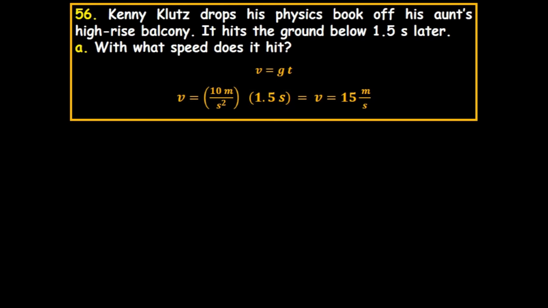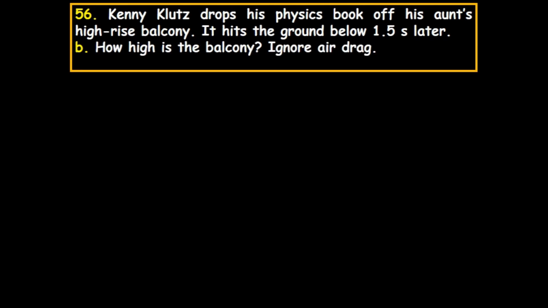There's about 5 or 6 very important equations in this type of physics, and v equals gt is one of them. V equals gt is the way to get instantaneous velocity. All right, how high is the balcony? Well, it's starting from rest. Now remember, d equals v naught t plus 1/2 gt squared.